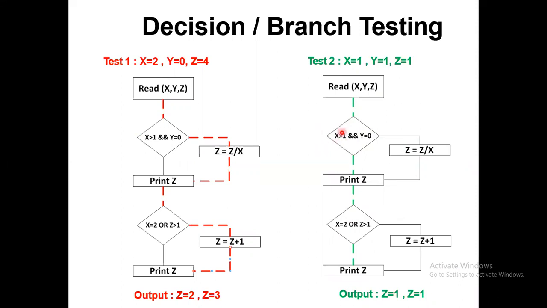So x is greater than 1 and y is equal 0. So if we get a value other than 0 for y, since this is an AND operator, this will automatically go for the false part. So that's why I put y equals 1 in here.